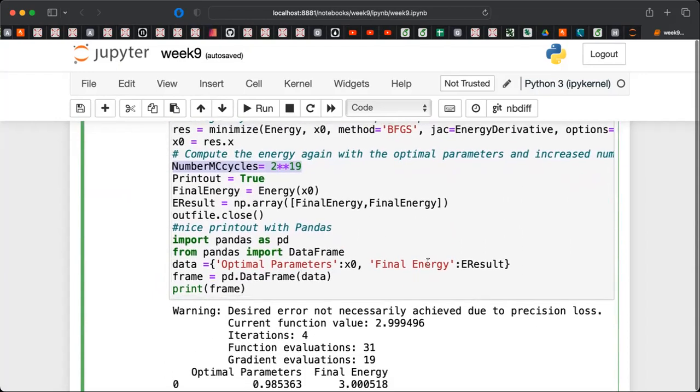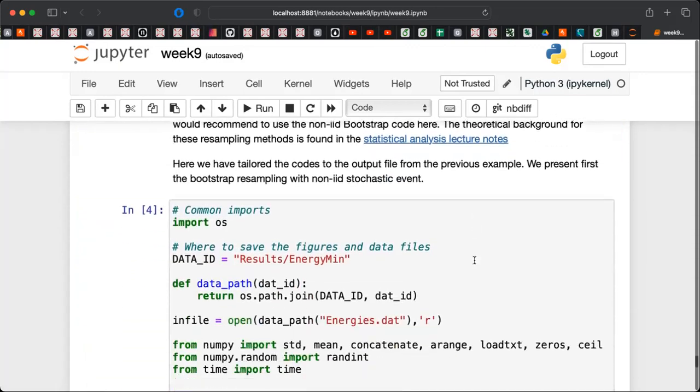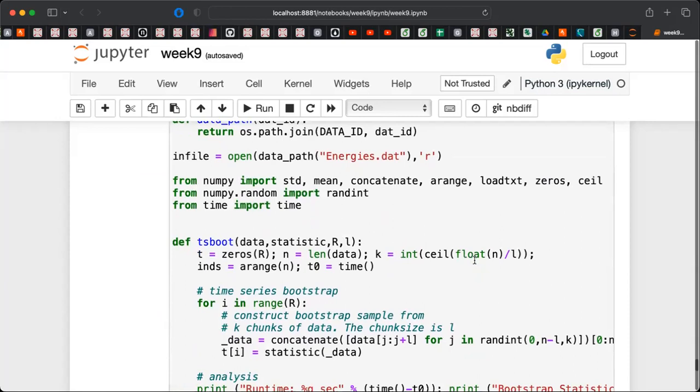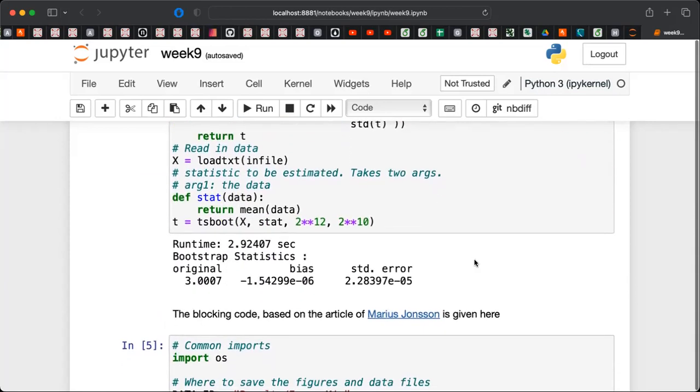And if you go and look into the folder which contains this data, when you run the code, you will find this specific file here, which simply contains the observations, the values of the energies. And then you can perform a standard bootstrap calculation. And this is what bootstrap gives us.